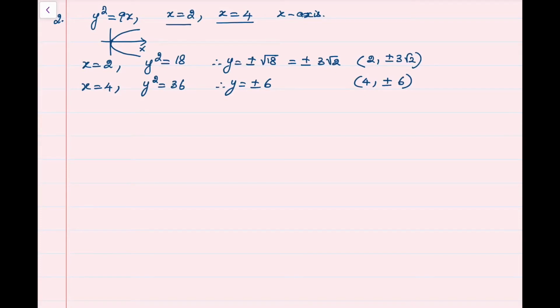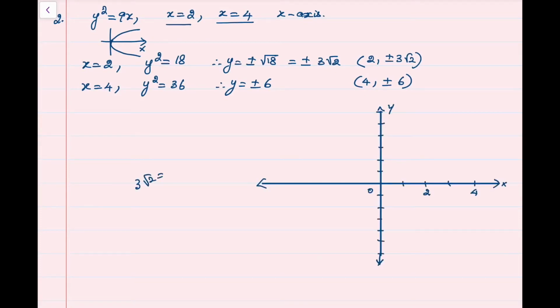Let us sketch the graph. 3 root 2 value is approximately 3 times 1.414, approximately 4.2. So the points are 2, 4.2 and similarly 2, minus 4.2 and then 4, 6 and 4, minus 6.